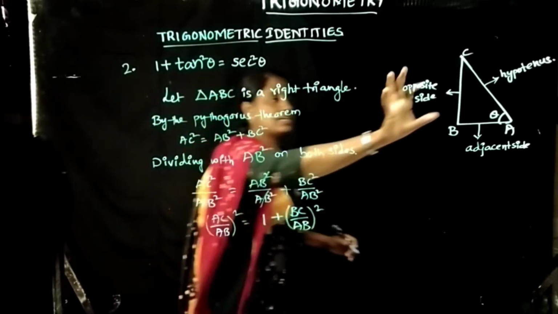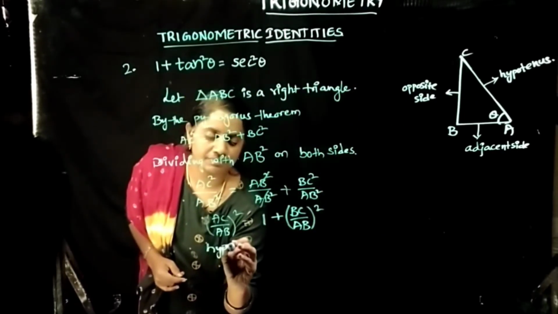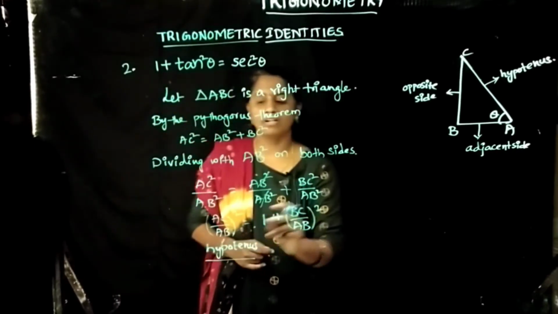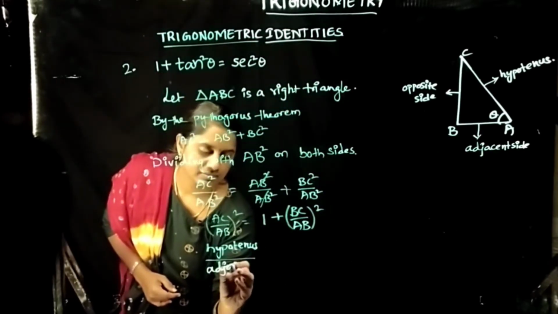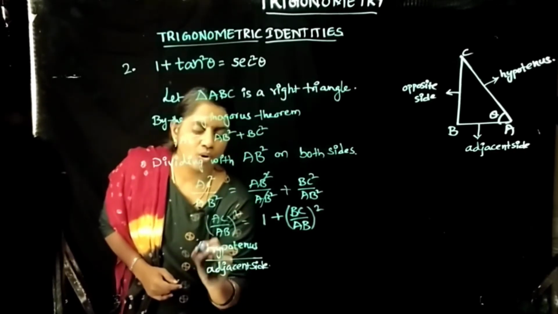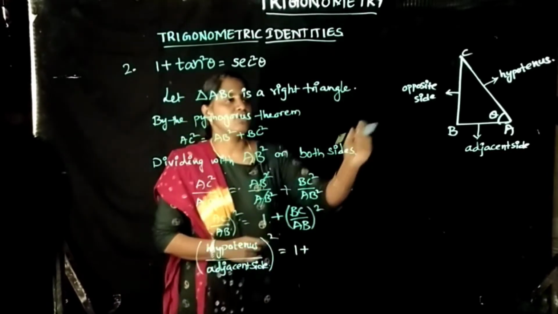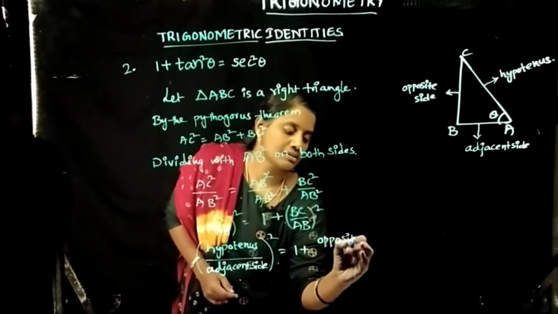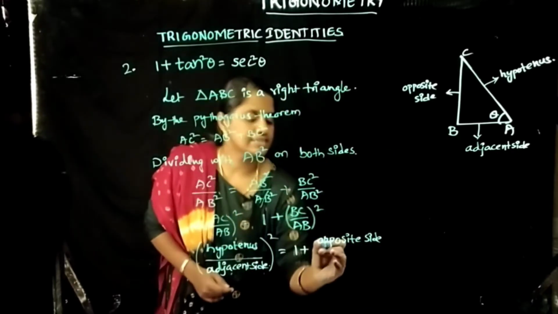AC, what is the AC here? Hypotenuse, by, what is the AB? It is the adjacent side, whole square, is equal to 1 plus, what is the value of BC? It is the opposite side by AB, the adjacent side.